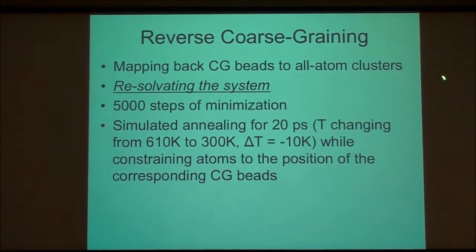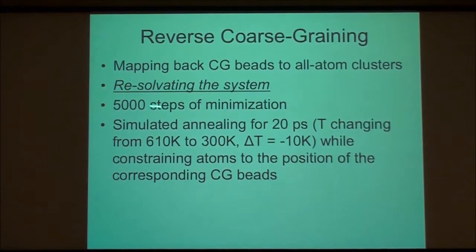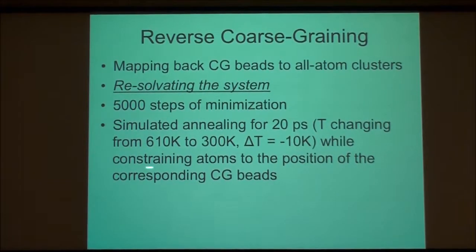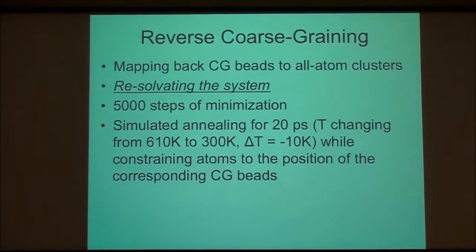So in order to map back coarse-grained beads and then resolvate the system, we do 5,000 steps of minimization and then simulated annealing for about 20,000 steps, allowing the system to relax. During this step, of course, we are constraining atoms to the position of their representative coarse-grained beads.